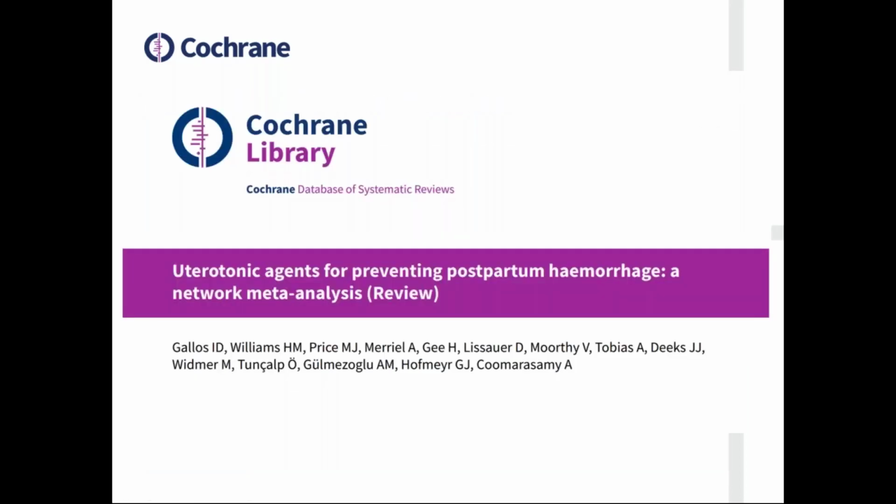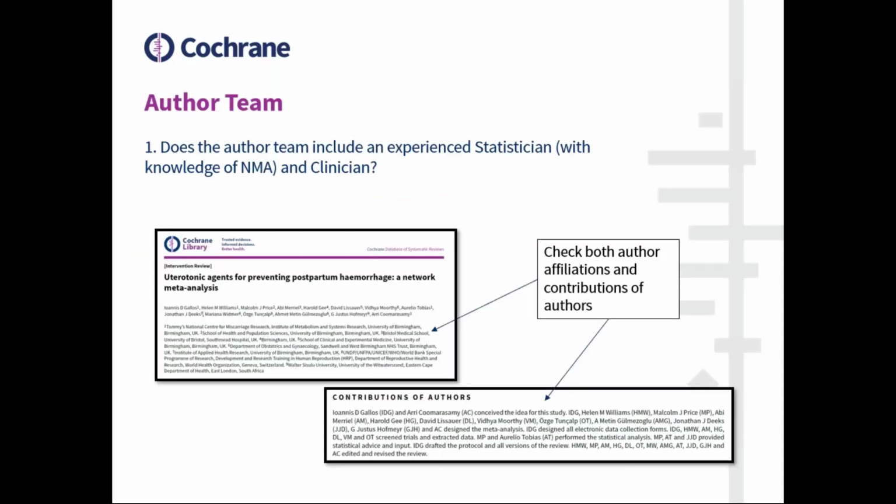Obviously this webinar will be made available afterwards, and we can hopefully continue work on the questions and make those available to people as well if people think that will be useful. A lot of the examples within this come from this particular review: uterotonic agents for preventing postpartum hemorrhage, a network meta-analysis, and we have referenced other particular examples throughout as well.